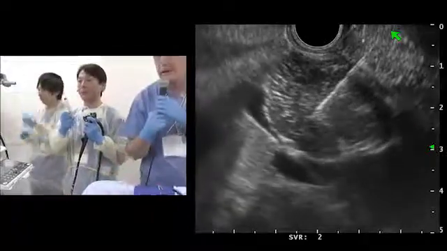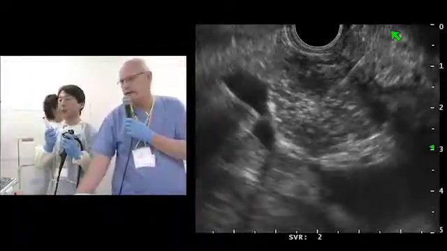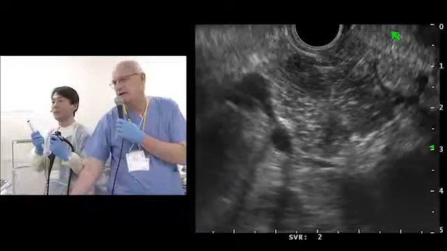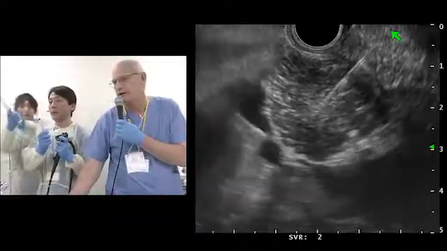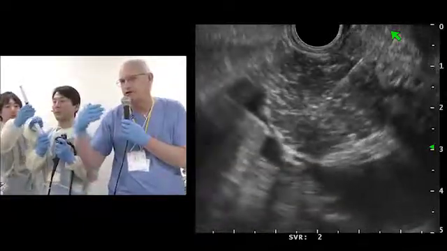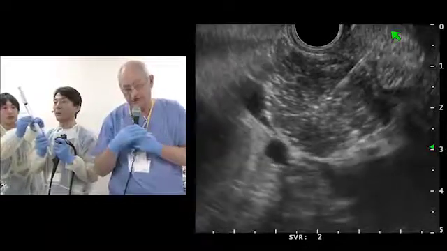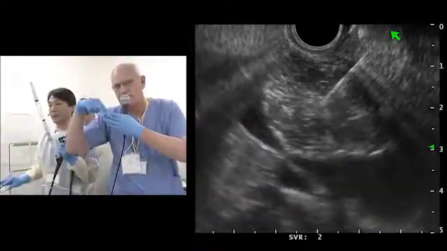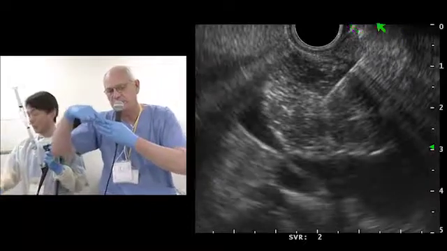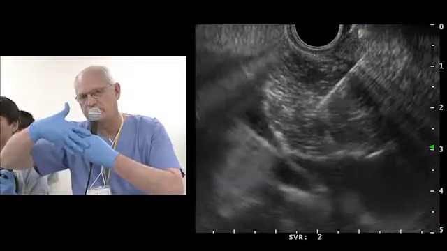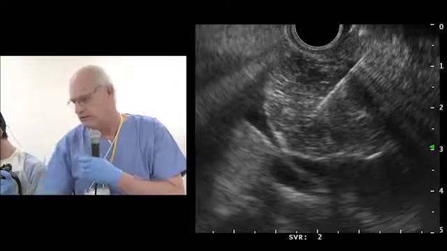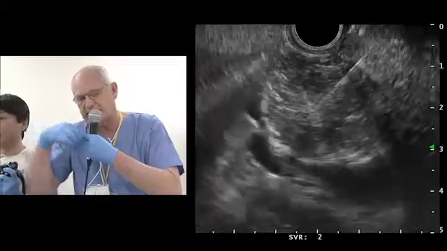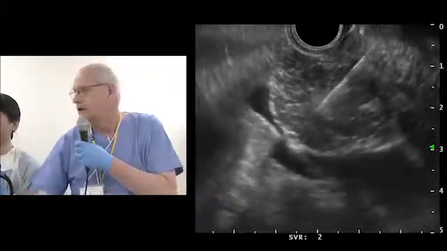So what we know about FNA, number one, the sample that's obtained will be better if we take different trajectories through the tumor. Rather than go in the same trajectory multiple times, we want to take various trajectories through it, maybe 3 or 4 passes in each trajectory.